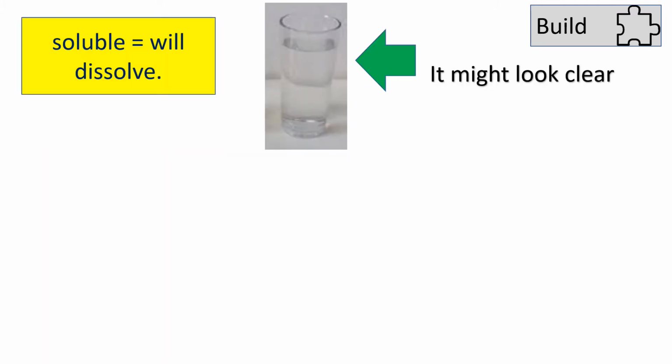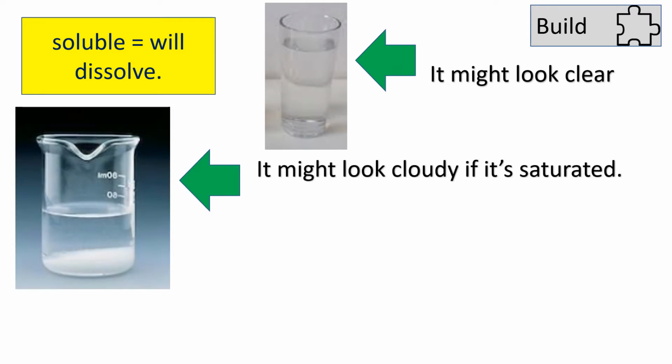It might be that your solution, your mixture of the dissolved solid and the solvent, the liquid, might look clear. Or if it looks a bit cloudy, it might be that your solution is saturated, so you've dissolved as much solid as you can in the liquid and there's no more that can be added.